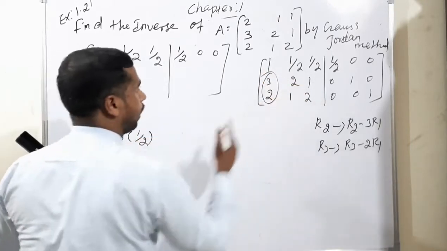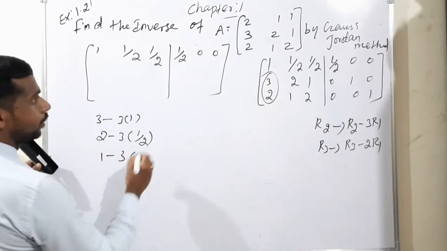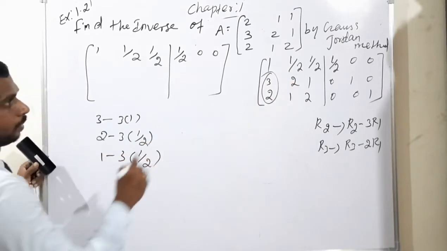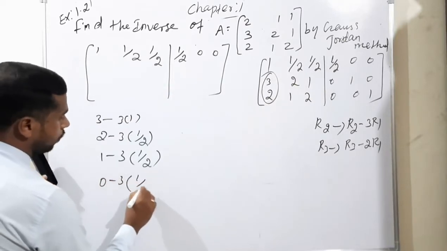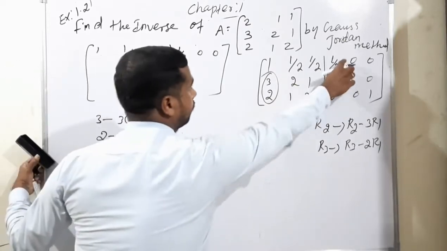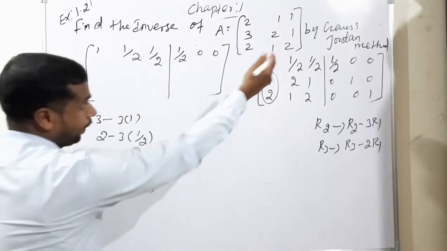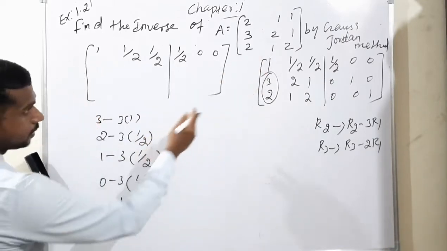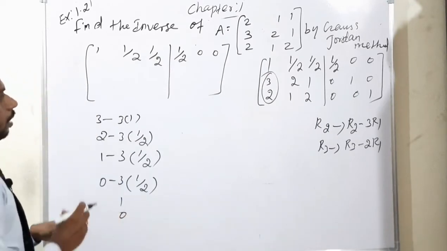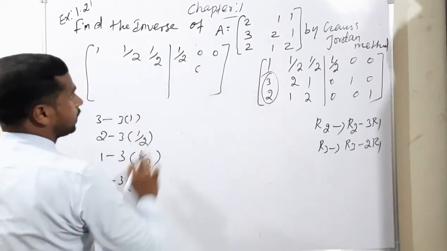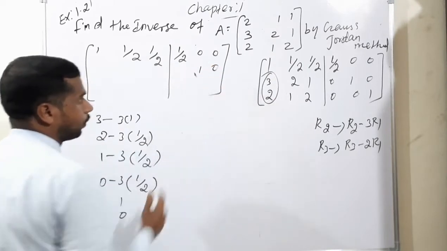Next condition, 1 minus 3 into 1 by 2. Here 0 is there, isn't it? So 0 minus 3 into 1 by 2. Here 1 minus 0 is there, so only 1 will come. The last term also, 0 into 0, 0 will come, isn't it? So the last two terms are actually 1 and 0.